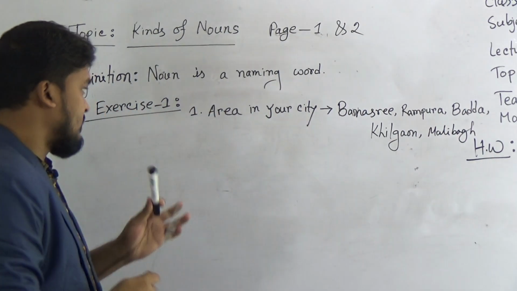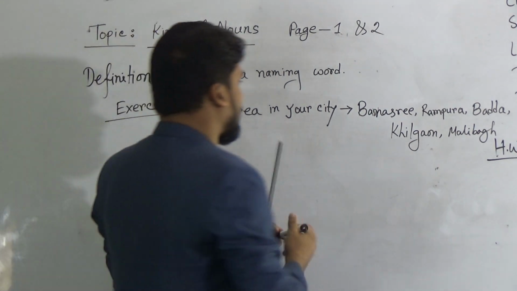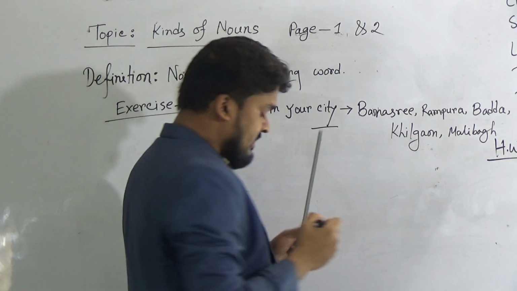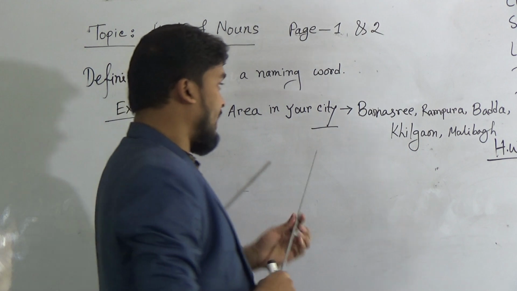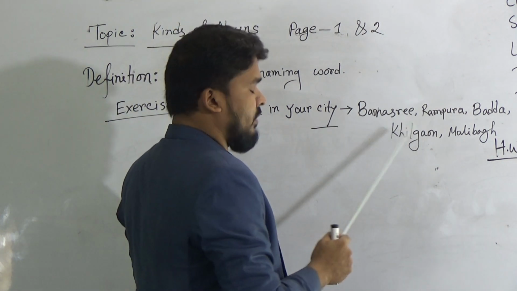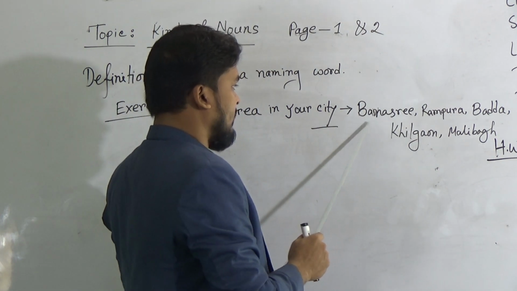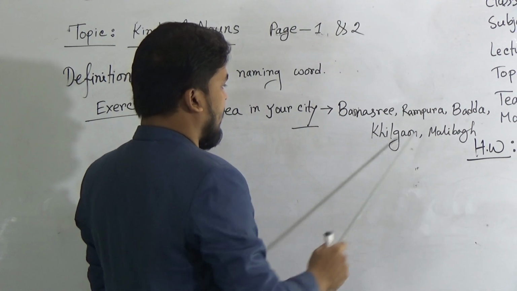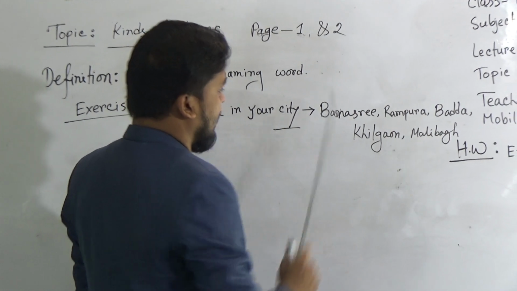Okay, dear students, here city is a common noun. From this, you have to write 5 proper nouns like Bonasri, Rampura, Badda, Kilgon, Malibag.